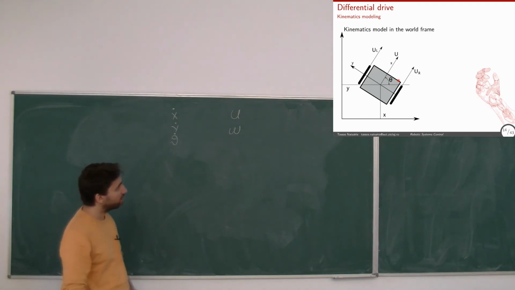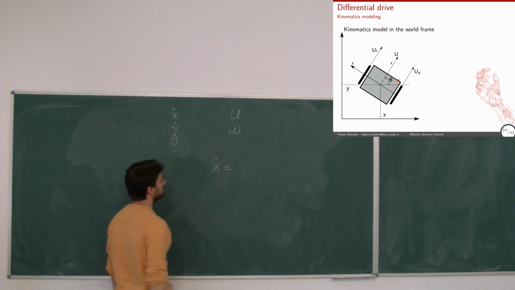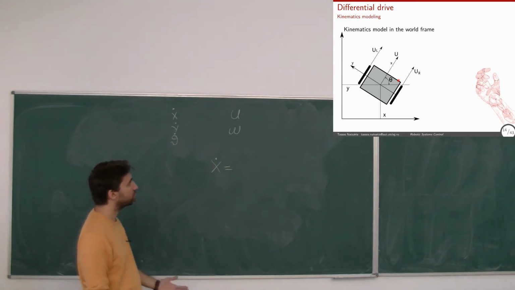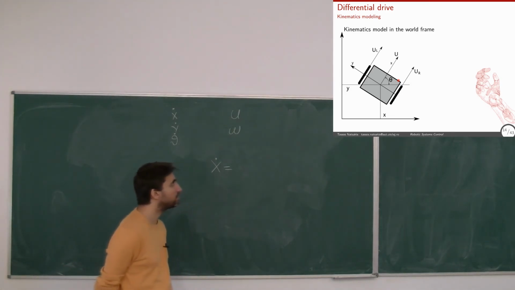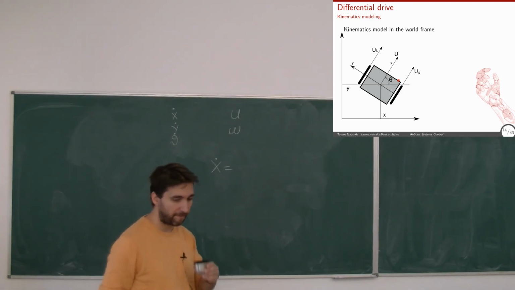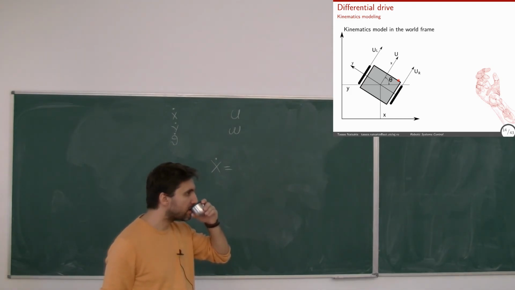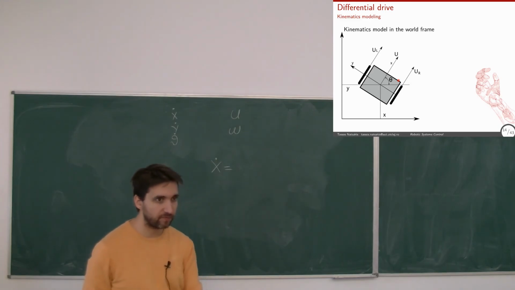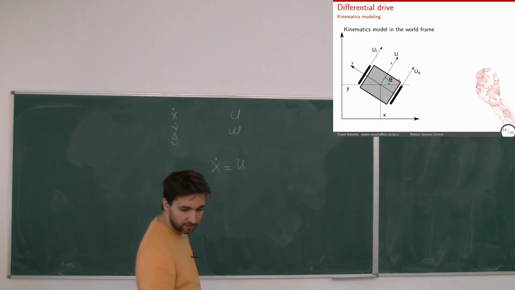And let's see if we can come up with a relationship for x dot, so the velocity in the x direction. What do you think it would be? The linear velocity in the x direction, according to what we know. Very good. So I have this vector, u, and I just need to take the component in the x direction.